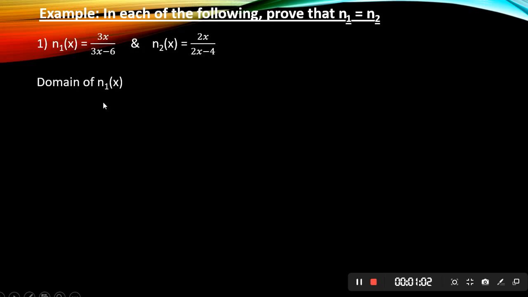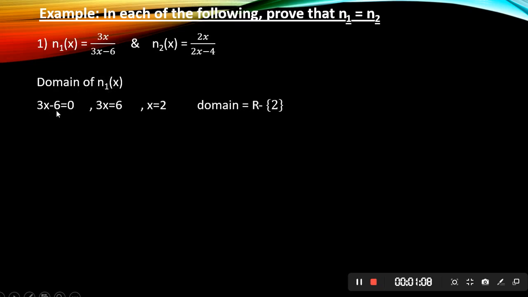Example in your booklet, page 43. Example 1. In each of the following, prove that n1 equals n2. n1 of x equals 3x over 3x minus 6, and n2 of x equals 2x over 2x minus 4. I will first find the domain of n1 of x.